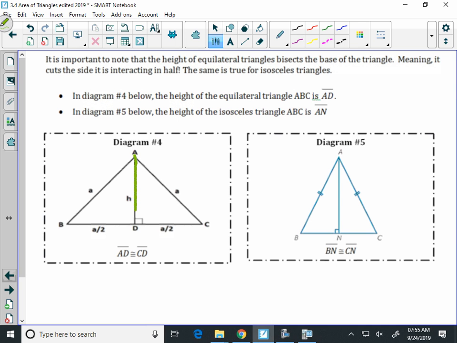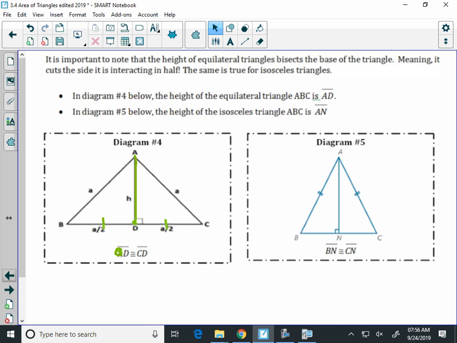Because it's an equilateral triangle, it's also cutting this bottom side in half. So BD and CD are the same. Important to know.